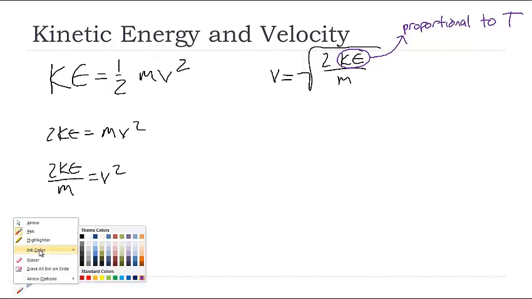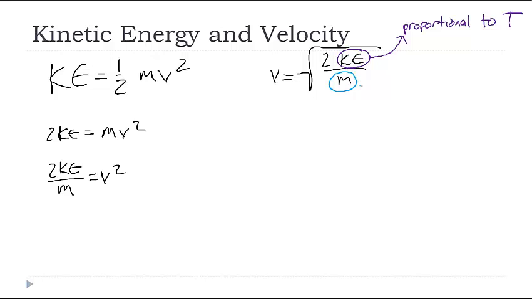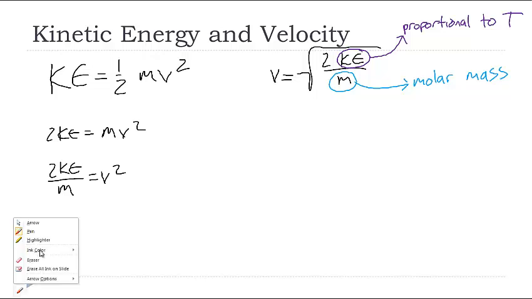And for the mass of particles, we can think about the molar mass. So what this tells me is, at a given temp, lighter particles will be moving more quickly than heavy particles.